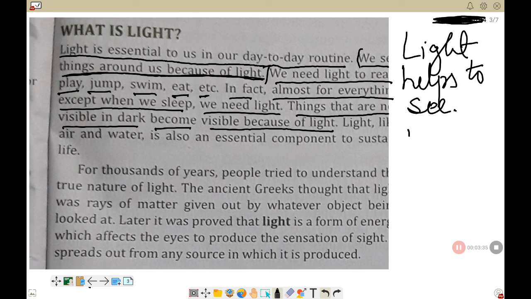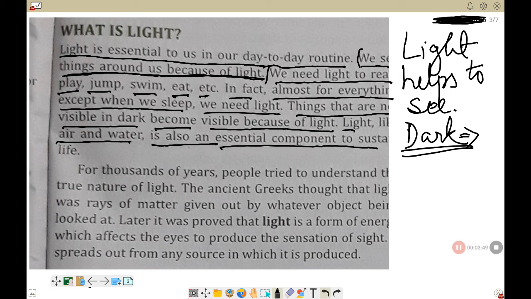So if there is no light, that means dark, you will not be able to see the things. Okay, so light, like air and water, is also an essential component to what? Sustain life.